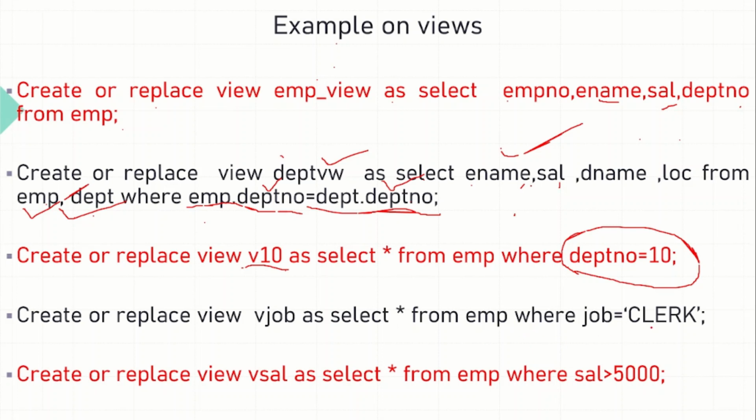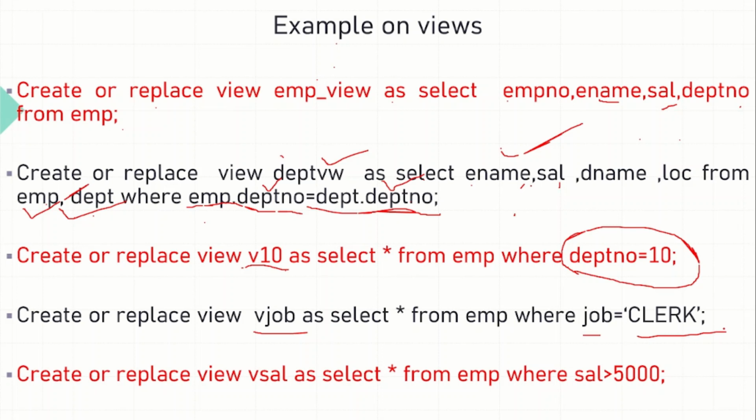Now the next one is a view, vjob. I'm writing select star from emp where job equals clerk. Suppose a person who is heading clerks, the head of the clerks, needs to access data of clerks only.